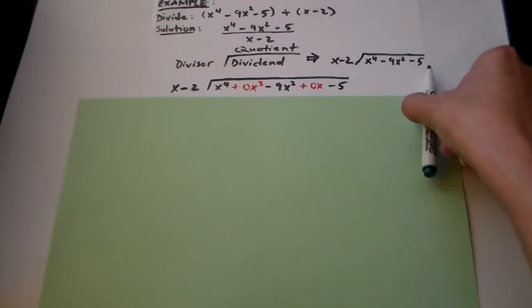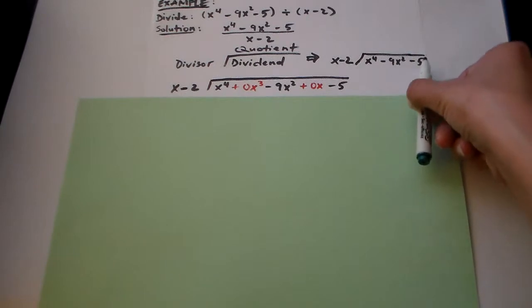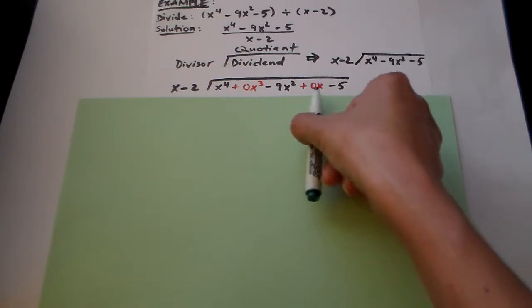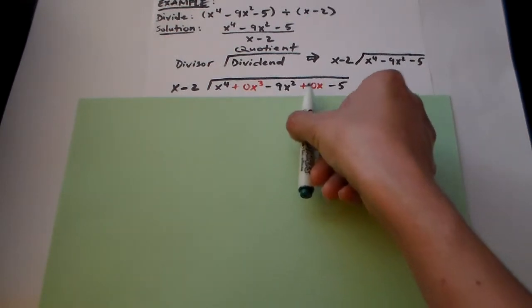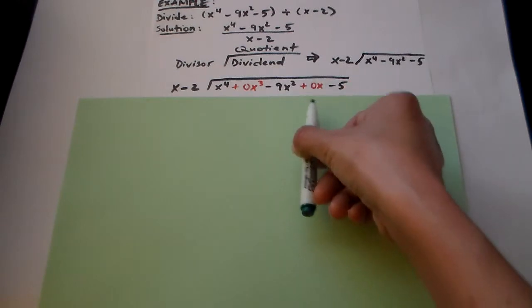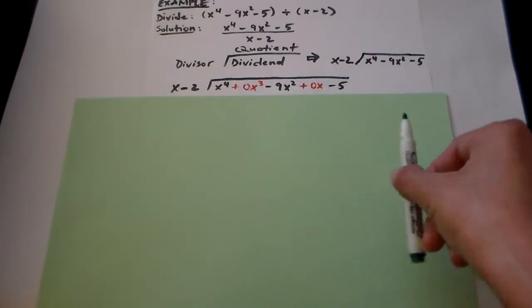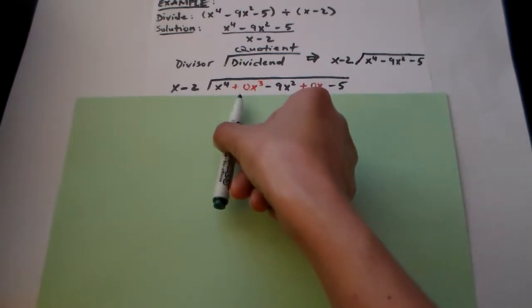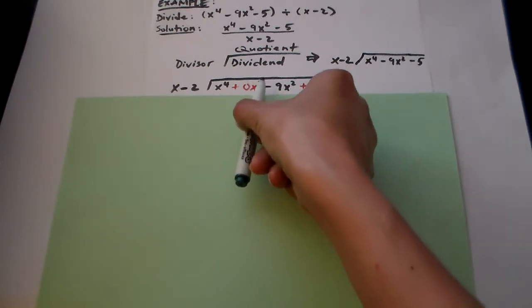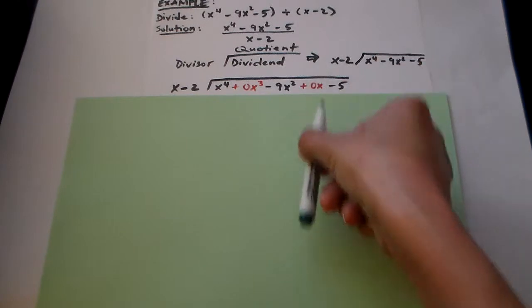Now between 2 and 0, the missing term that has the power 1. So I'm going to add 0x. And again, 0 times anything is 0. So adding 0 doesn't change the original dividend. So as you see, I just add the 2 missing terms. One with the third power and one with the first power.